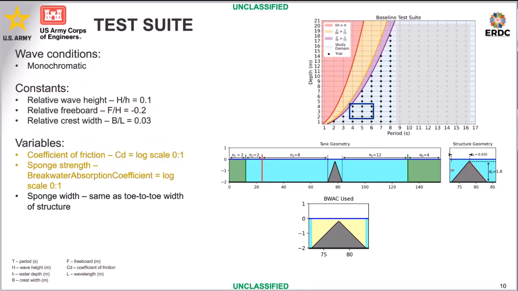More or less the sponge width is constant, as it's the same toe-to-toe width of the structure, but the toe-to-toe width of the structure does vary with wave condition, because that is a function of the space that it takes up in the water column, based off of your period and water depth. So I think with this, I turn it over to Ryan to talk more.